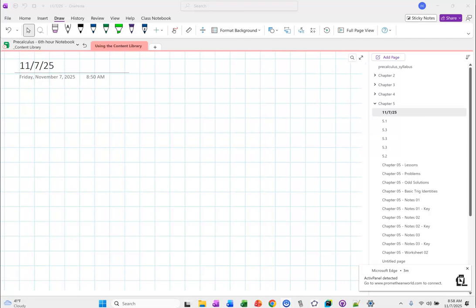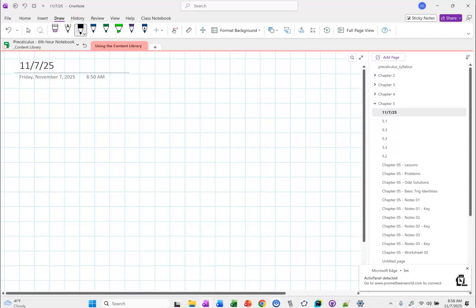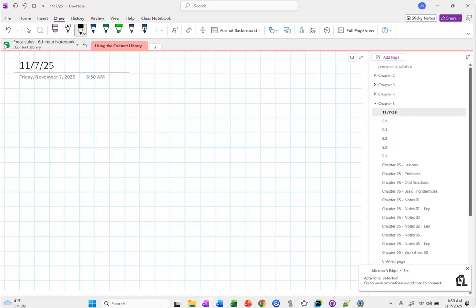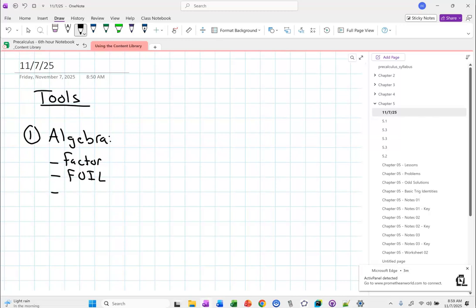So what I want to start with today is talking about the tools we have available to us. The first type of tool is going to be algebra. Things you might be able to do: factor, or FOIL, or combine like terms.